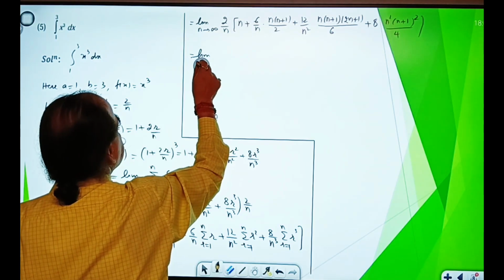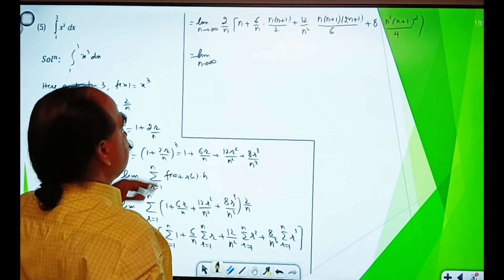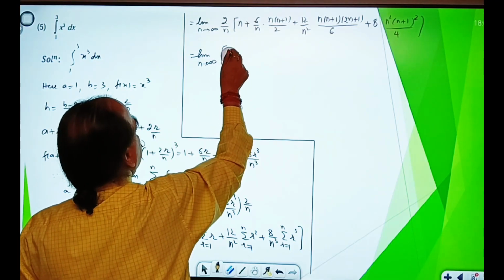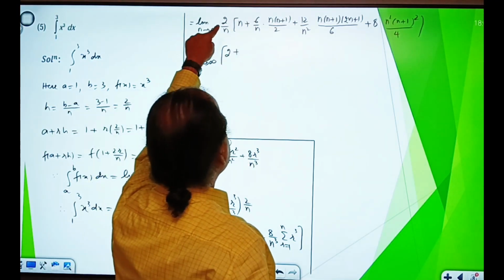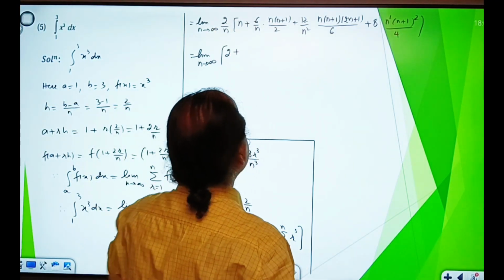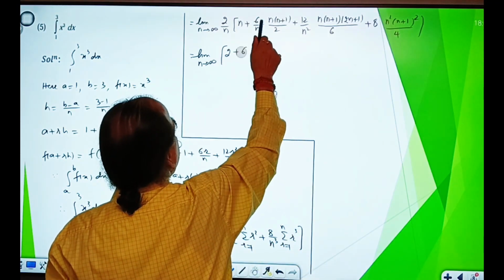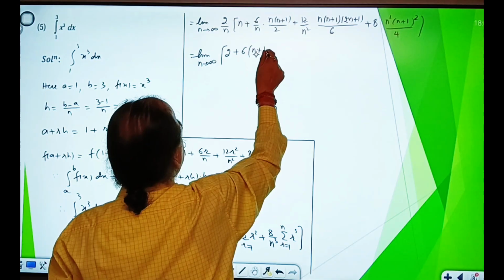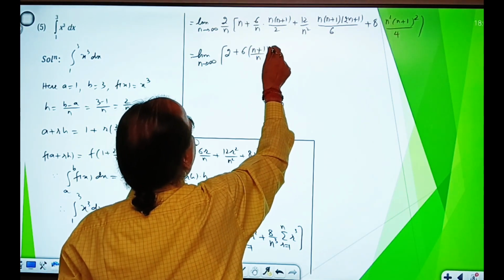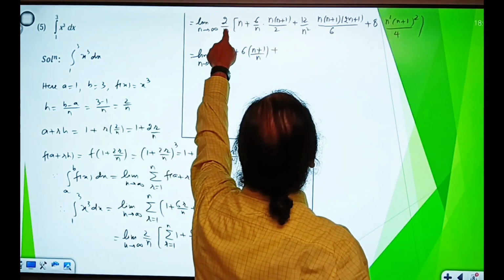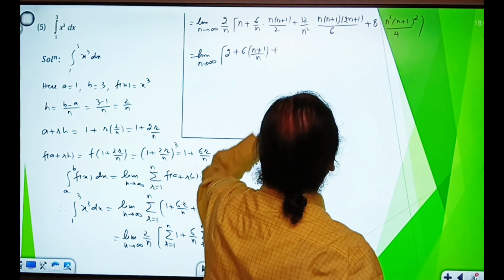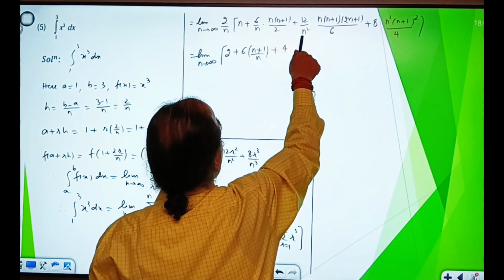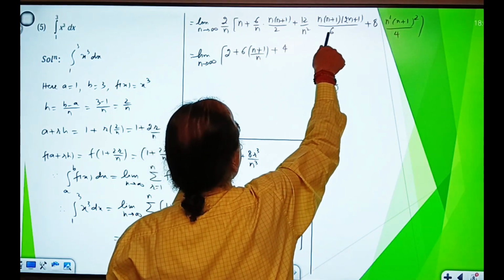Limit n tends to infinity. Now we'll multiply 2 by n inside. So first will become 2, plus this 2 and 2 will get cancelled, 1 n will get cancelled. So 6 times 1 n is left. So n plus 1 upon n plus 2 into 12, 24 and 6, 4. 1 n will get cancelled, n is squared.